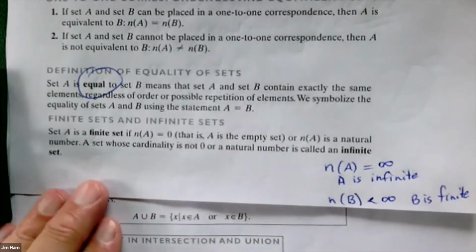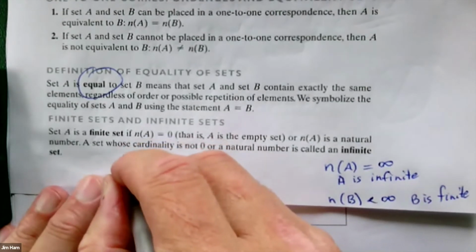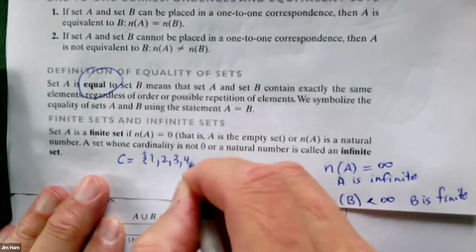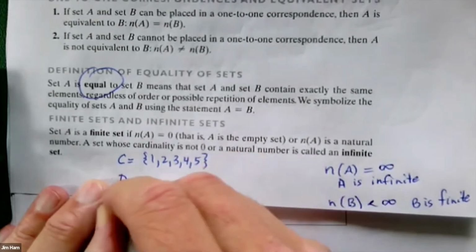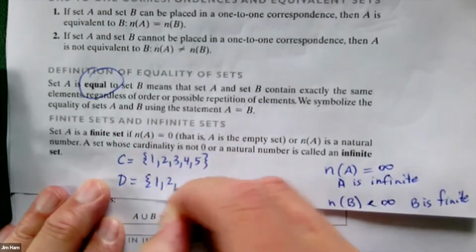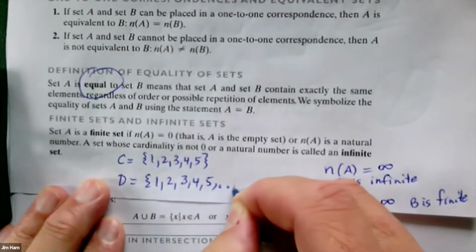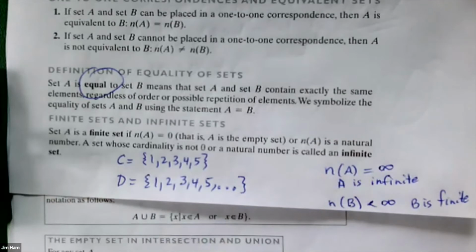Let me give you another set. C equals {1, 2, 3, 4, 5}, and D equals {1, 2, 3, 4, 5, ...}. And that dot, dot, dot means that it goes on in the same pattern forever.